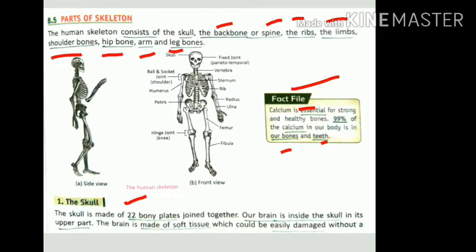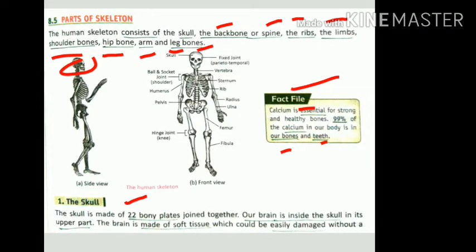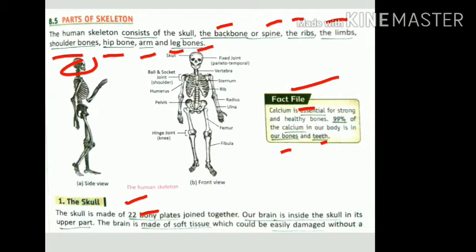Firstly, we shall study the skull, this part and this part, because it is the upper, starting part of our body, and it is made up of 22 bony plates joined together. Inside it, our brain is safe in the upper part.